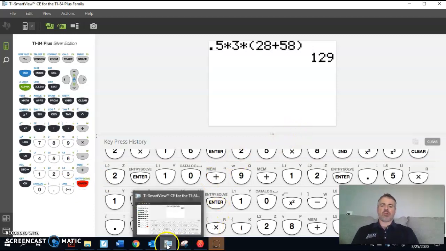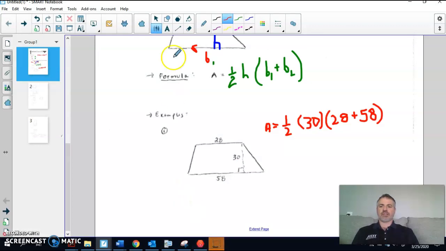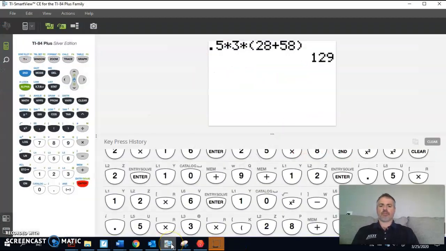So that means 129 little tiny squares would fit on the inside of this. So area is equal to 129. Again, that's units squared because we're talking about area.